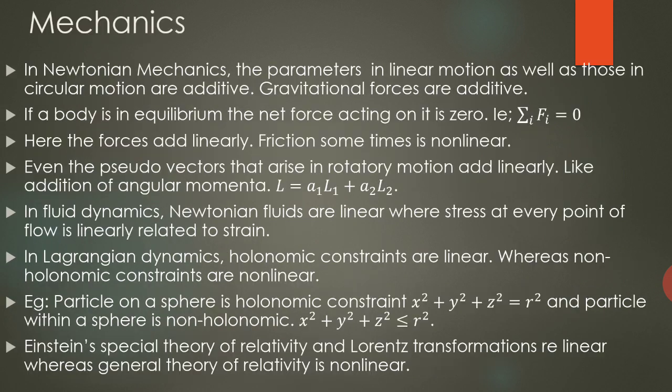Next, coming to Newtonian mechanics, all the parameters in linear motion and circular motion are additive, meaning we can add them directly. Even gravitational fields and forces are additive. If a body is in equilibrium, the net force acting on it is 0: sum over Fi is 0, that is F1 plus F2 plus F3 and so on is equal to 0.